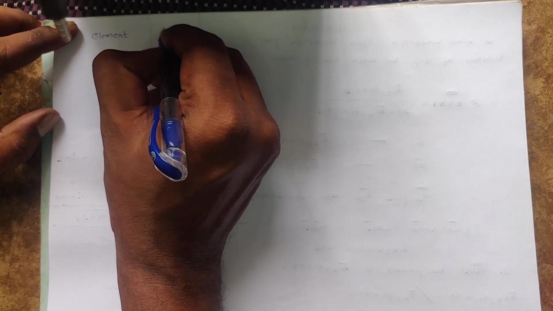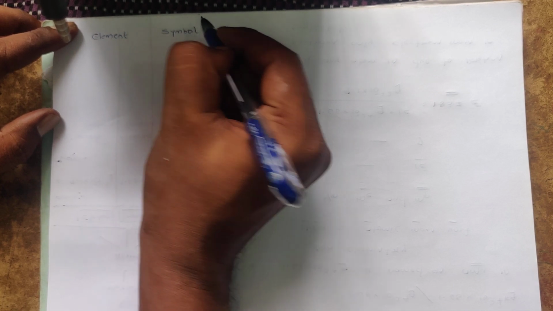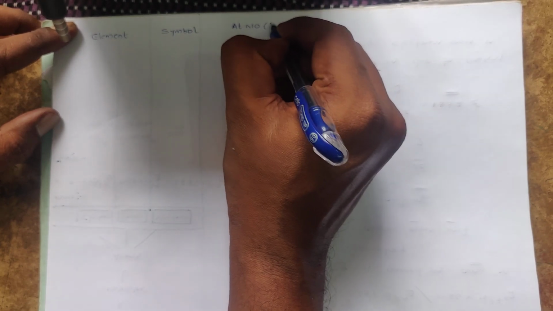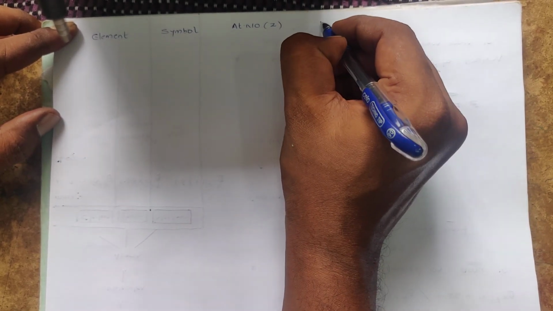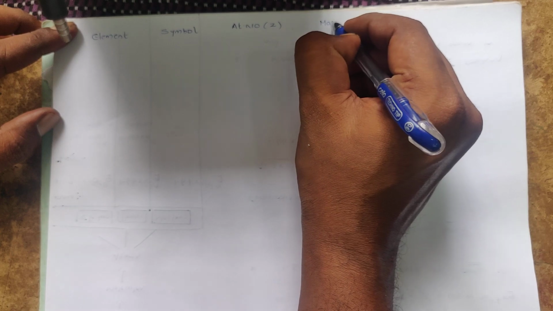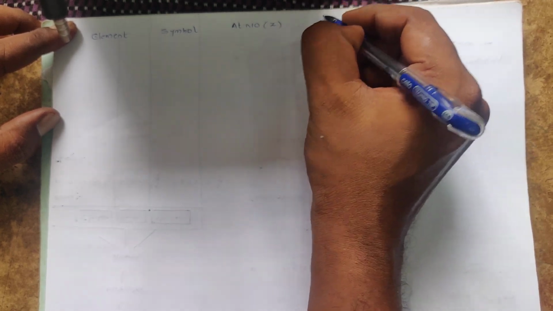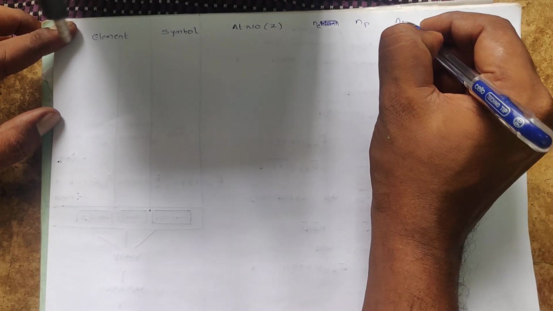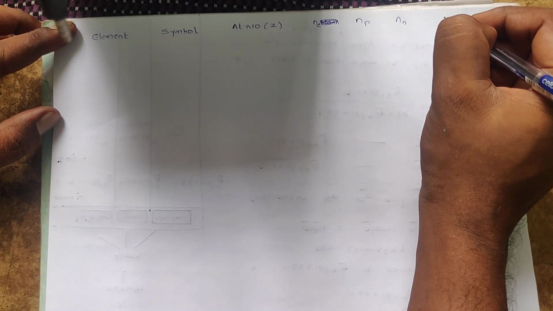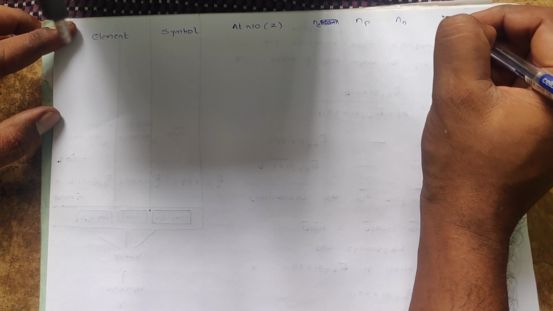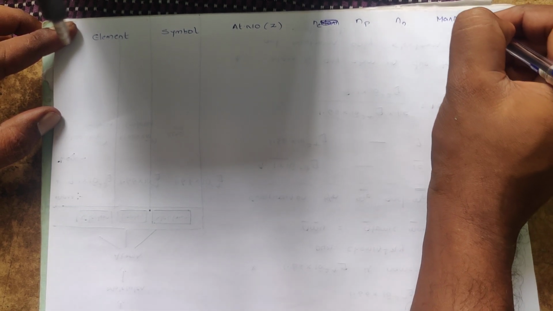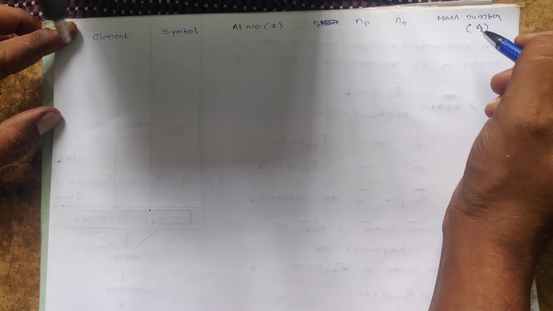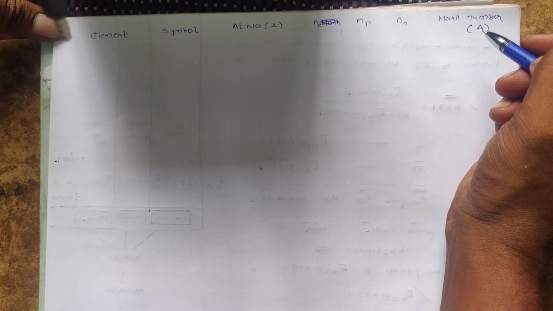You know very well about its symbol and atomic number, which is represented by Z. Then the number of electrons, the number of protons, the number of neutrons, and after that the atomic mass or mass number. Mass number is represented by A.